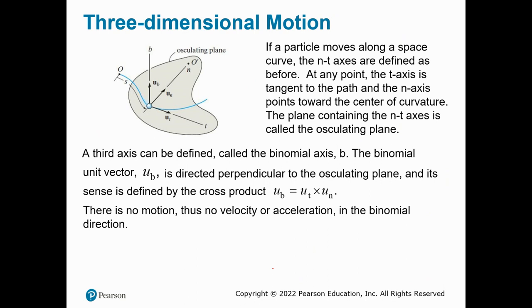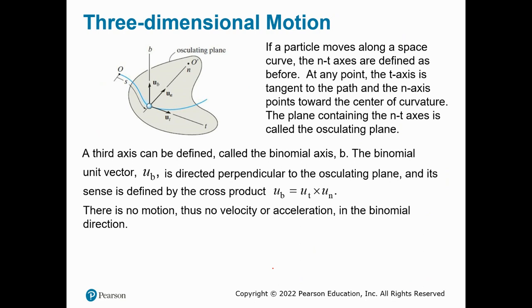Now, the previous several topics have been only 2D. For 3D motion, if a particle moves along a space curve, the t-axis is defined as before. At any point, the t-axis is tangent to the path, and the n-axis points toward the center of curvature. The plane containing these axes is called the osculating plane.